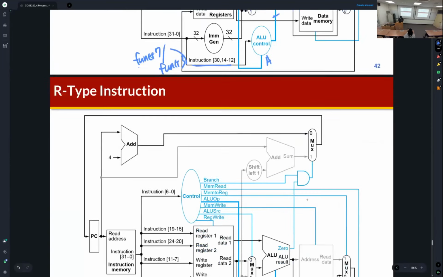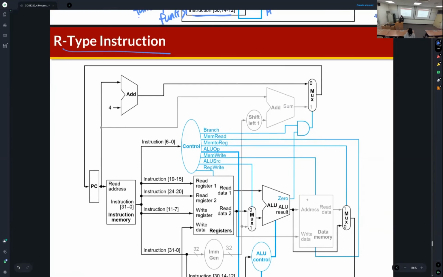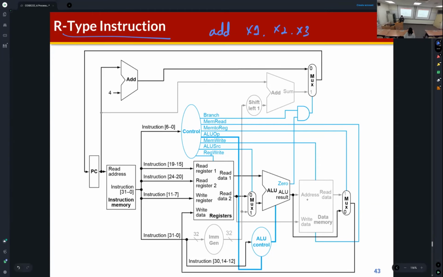Let's see how these control signals are determined. Let's see the R type instruction, right? The add R type instruction is add x1, x2, x3. Let's see how this R type instruction is executed. During the instruction fetch step, the instruction is read from the instruction memory.